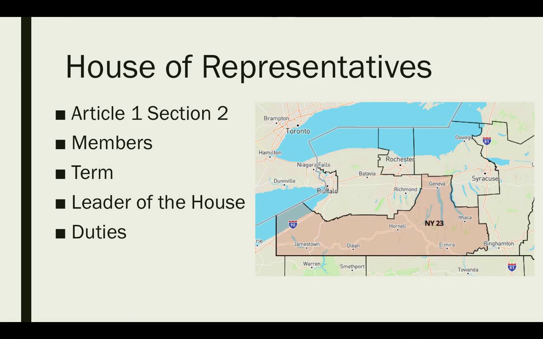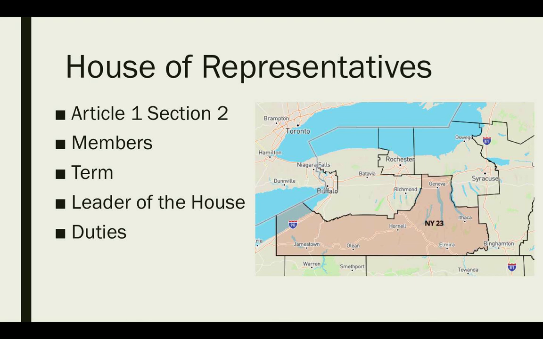Now, the House of Representatives is the second part of Congress. There are 435 voting members within the House of Representatives. A term for a person in the House of Representatives is 2 years. So this is a quicker turnover than what we saw with the Senate. This is every 2 years. There's more within the House of Representatives at 435 members that is based on population.